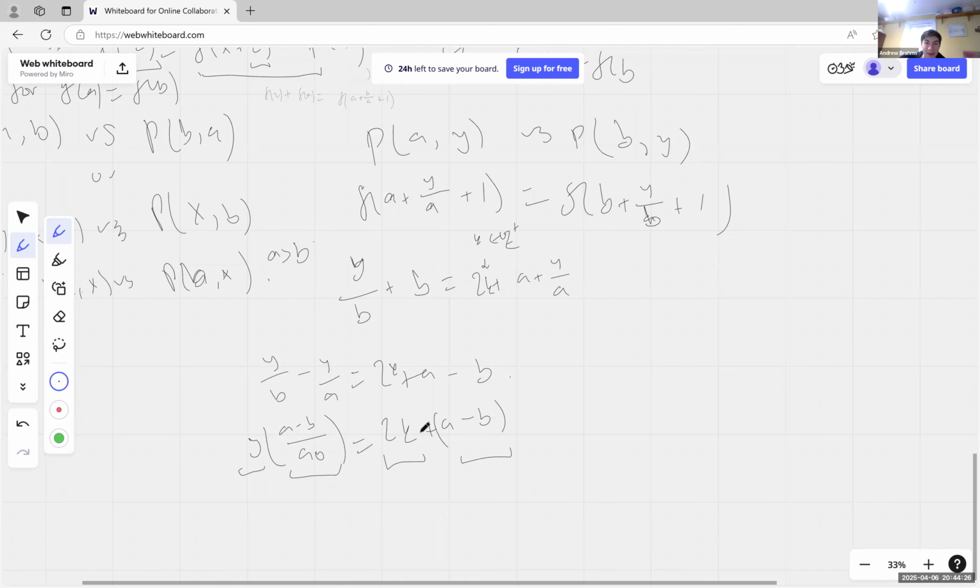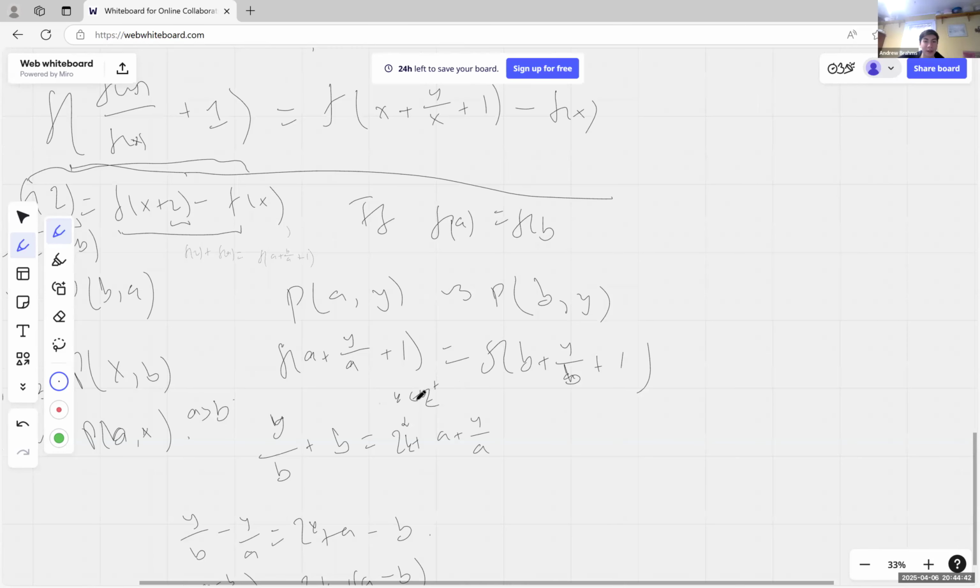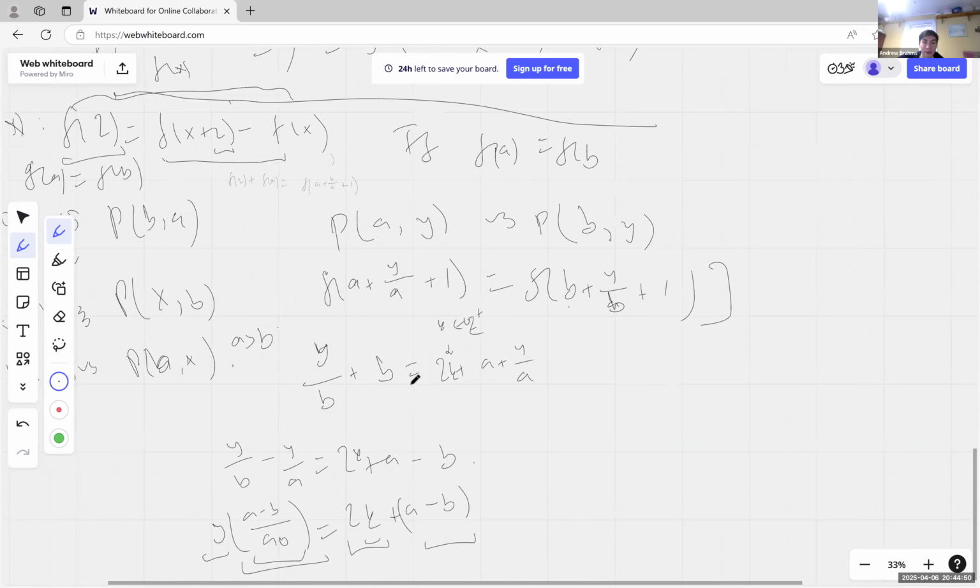If we take k such that this expression is larger than this expression, you can just divide both sides. So it's not super clean, but you can still get a contradiction based off of this. Just by taking a y such that b plus y over b plus 1 is equal to some... or wait, should this be b minus a?